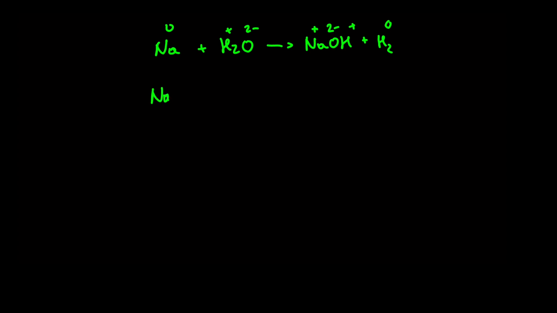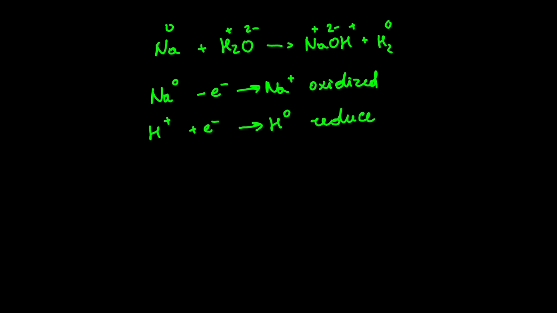We can clearly see that sodium was oxidized and lost an electron, and hydrogen was reduced and gained an electron. It doesn't matter that there are 3 hydrogens in the reaction. We are only searching for particles that change their oxidation state. Sodium in this reaction is a reducing agent, and hydrogen is an oxidizing agent.